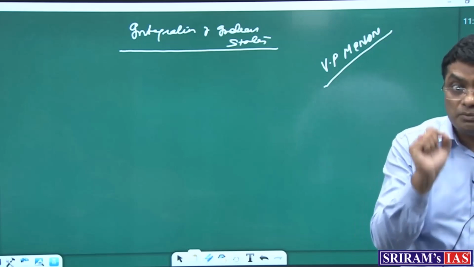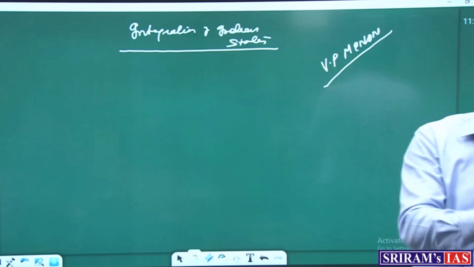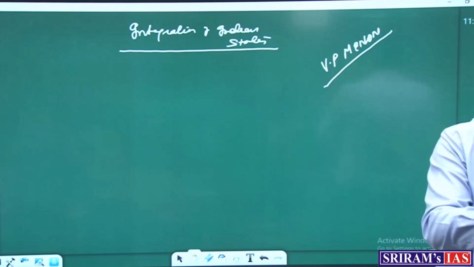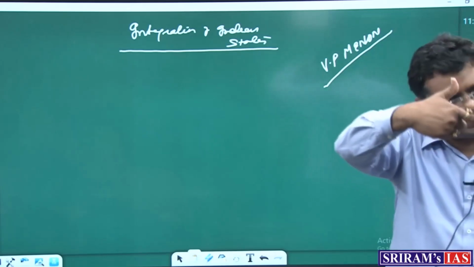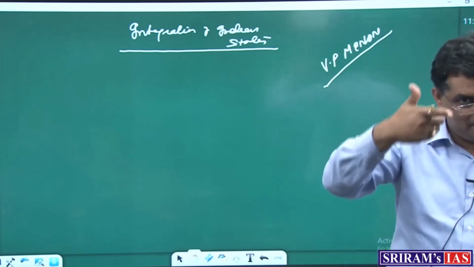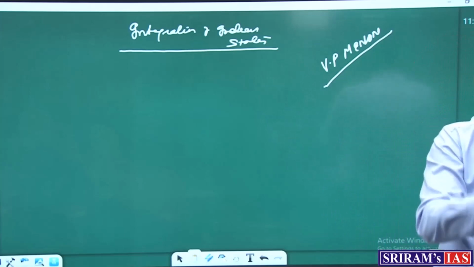Lapse of paramountcy means the decision of the princely states will be taken by the king and the nawab of the princely states, because they had a treaty with the British. It's not the public, it's the king. So they will decide whether to merge with India or Pakistan or remain independent.